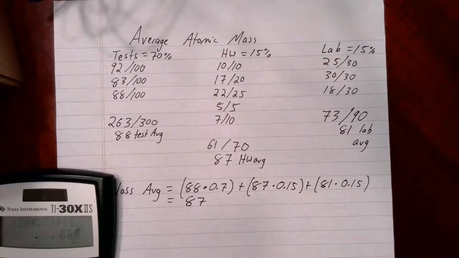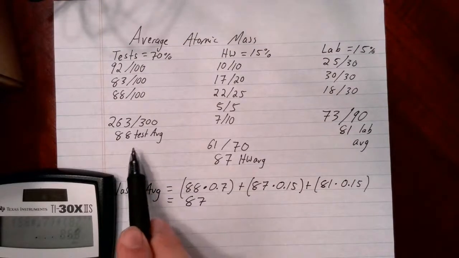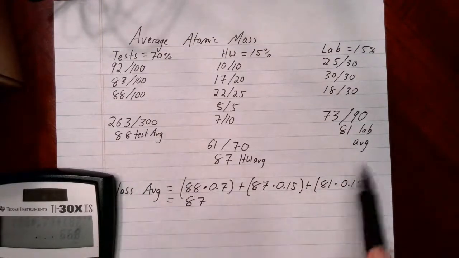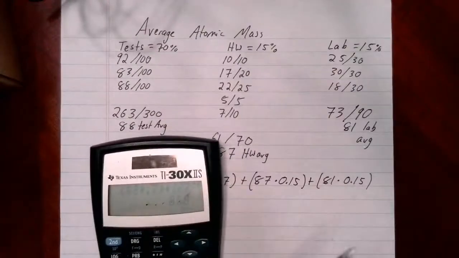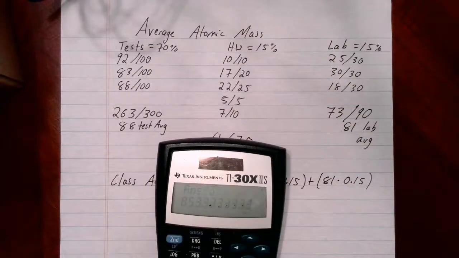So notice if you go back up here and look at what that means, your test average was 88, but your lab average was an 81. So if we just did a simple average of these three numbers, 88 plus 87 plus 81, your average would be an 85 in the class. Okay, so simple average, just add them all together, dividing by 3.